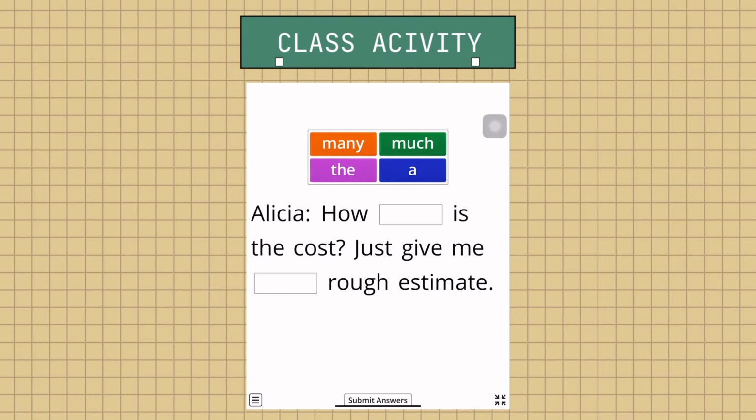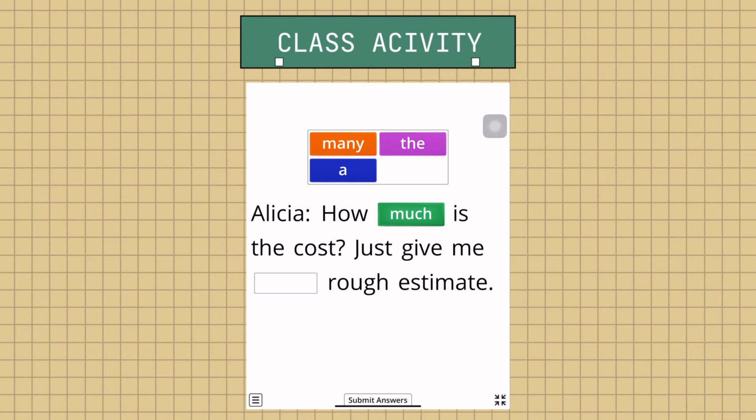Alicia: How is the cost? Just give me a rough estimation. Okay, what's the answer for the first column of the dialogue? The answer is much. Why can't we use many? We say how much because we are referring to money as a whole, and money is an uncountable noun.